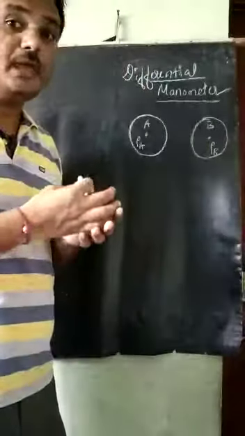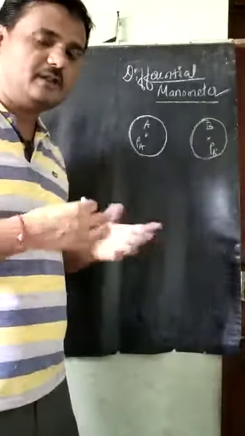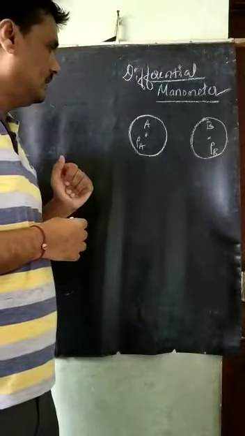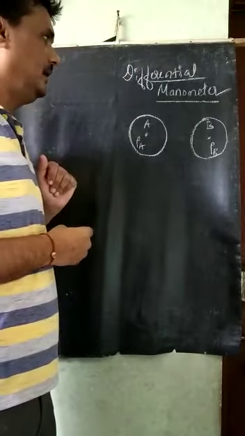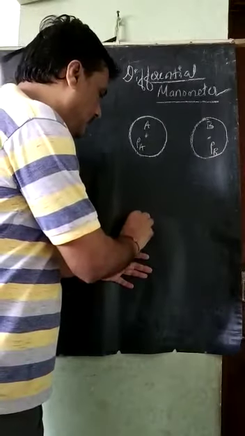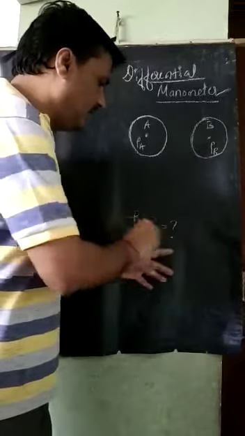Sometimes these fluids may be the same, sometimes different. If different, different density; if the same, same density. Now what I want to find is PA minus PB, the differential pressure.